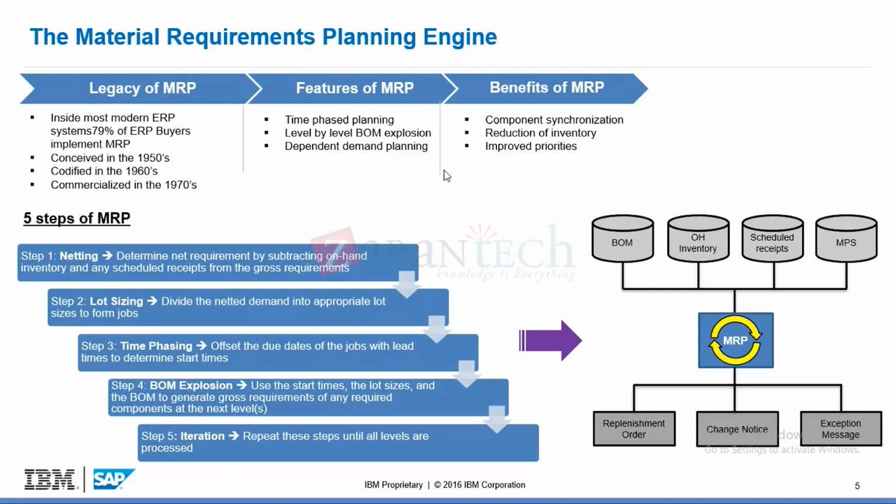We do the BOM explosion and generate the gross requirements of any required components in the next level, and we go on iterating these steps until all levels are processed. For each level, we do this.